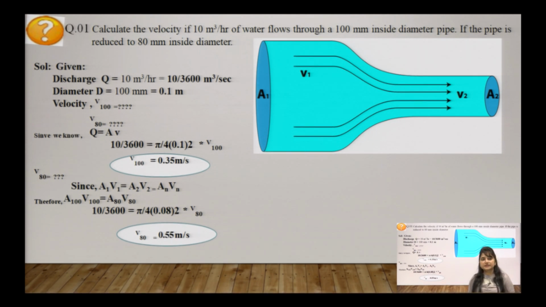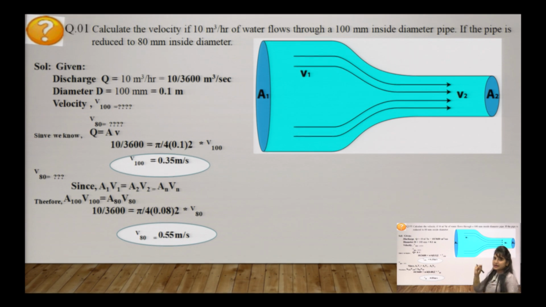And here you can see what the question is telling: calculate the velocity if 10 meter cube per hour of water flows. 10 meter cube of water flows means you are getting a discharge of 10 meter cube per hour. In an hour you are getting 10 meter cube of water through a pipe of 100 mm inside diameter.